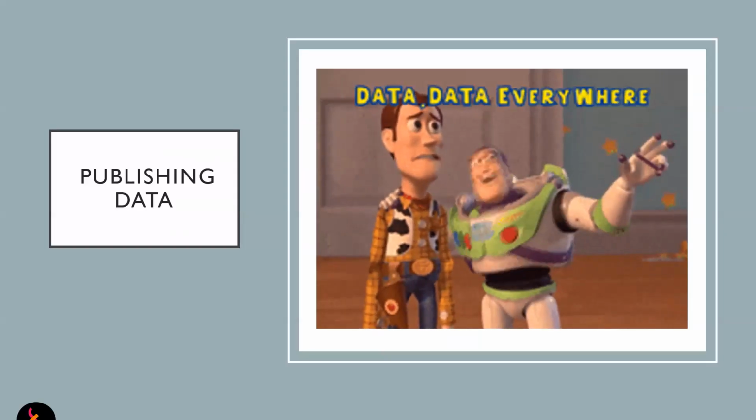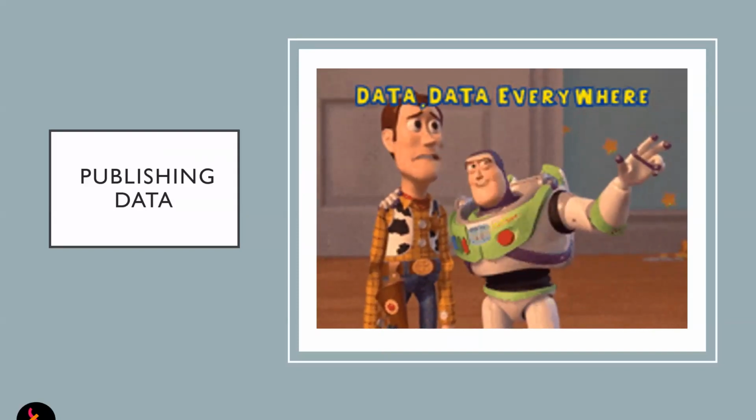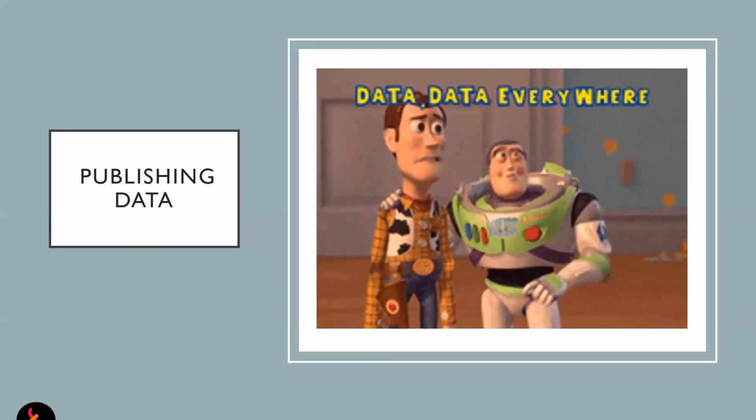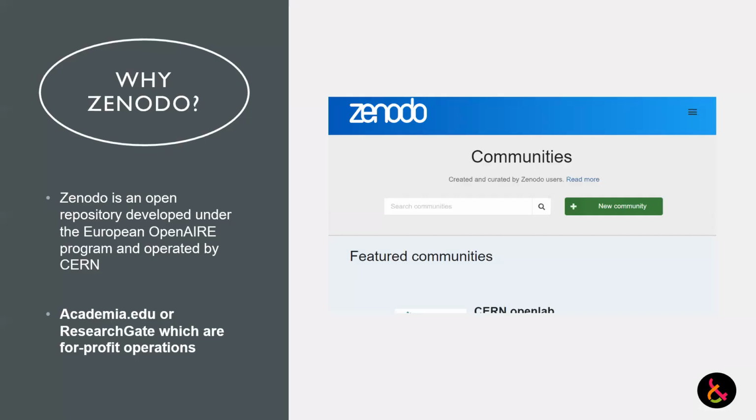Okay, now we talk about publishing the data. So you publish your work, and how to do this. Pretty simple thing. The first slide talks about Zenodo. It's an open repository.